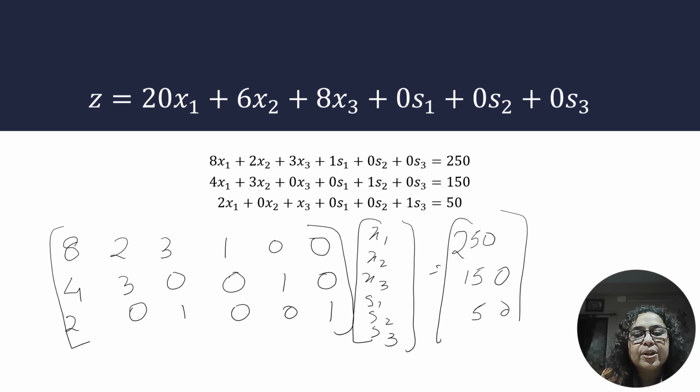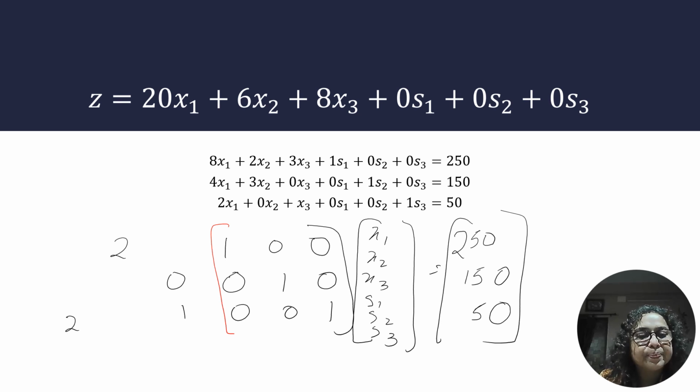I have told already that since this part is an identity, let's set these three variables x1, x2, x3 equal to 0. So my matrix will now look like this.